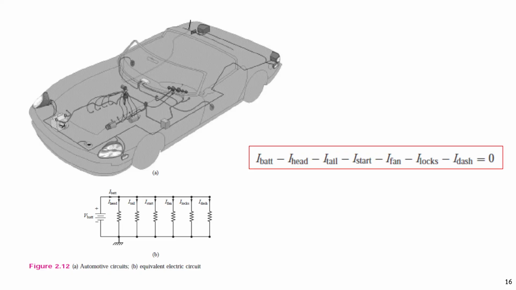If you turn on the headlamp, the fan and the lock, the current used in all equipment is equal to the current from the battery, right? So this can be explained by KCL, Kirchhoff current law. This is a very common calculation.